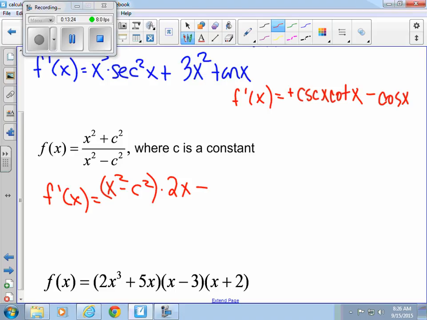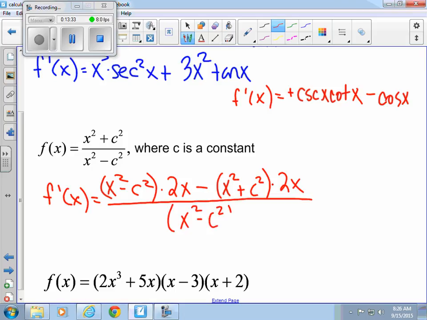Low d high, minus high d low, all over low squared. So I get 2x cubed minus 2x c squared, minus 2x cubed, minus 2x c squared.